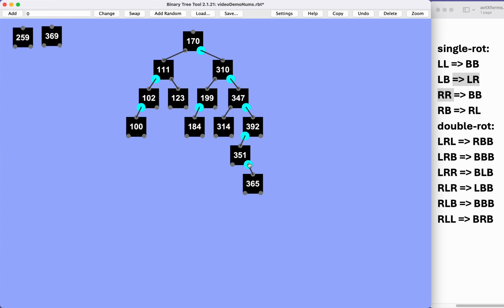So I see growth there. I can't make that any more left-leaning. I have a left-right balanced rotation transformation. That is making these two guys balanced, and this guy is a double rotation.